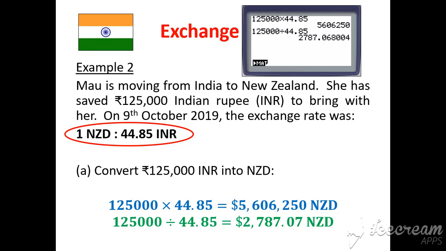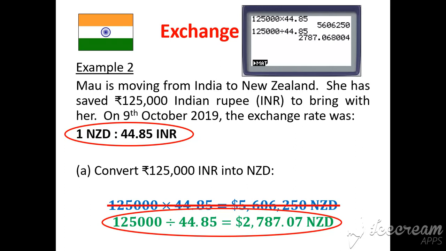So if you have lots of Indian money, you have a lot less New Zealand money. So therefore, if you have 125,000 Indian rupee, you have a lot less New Zealand money. So it must be this answer here. 125,000 Indian rupee is only equivalent to $2,787.07 in New Zealand.